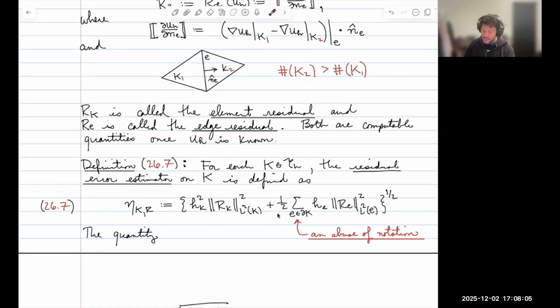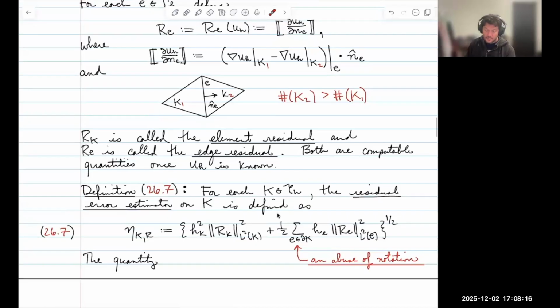We're going to multiply by the length of that edge times the L2 norm squared of the edge residual. So you add those two things up, and then we take the square root. That gives us this object, which we call the residual error estimator.